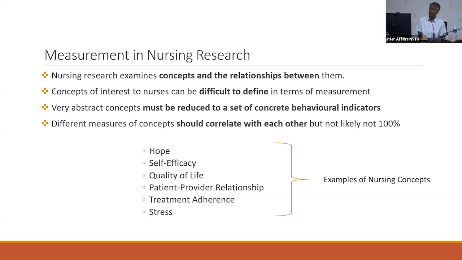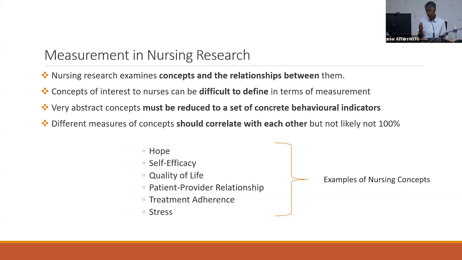But nurses are also interested in concepts that can be very difficult to define in terms of measurement. These concepts can be very abstract, and in order for us to measure them, we need to identify them in terms of very specific, concrete behavioral indicators.